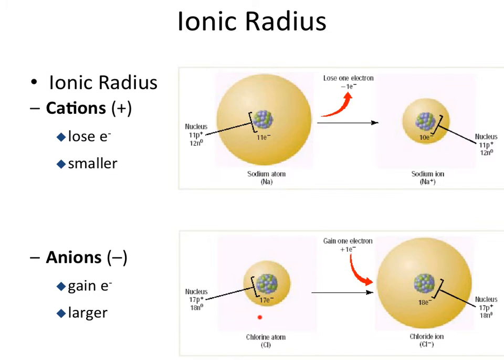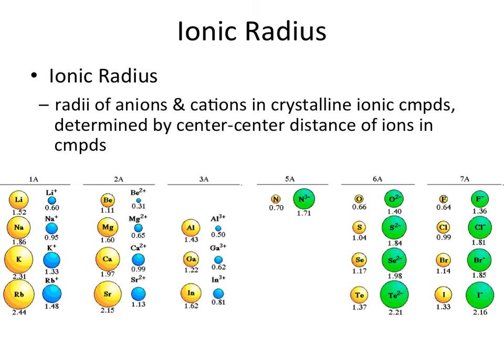So cations are going to decrease in size when compared to the parent atom, and anions are going to increase when compared to their parent atom. So the ionic radius, or this size, is basically calculated from the radii of anions and cations that are found within crystalline ionic compounds.